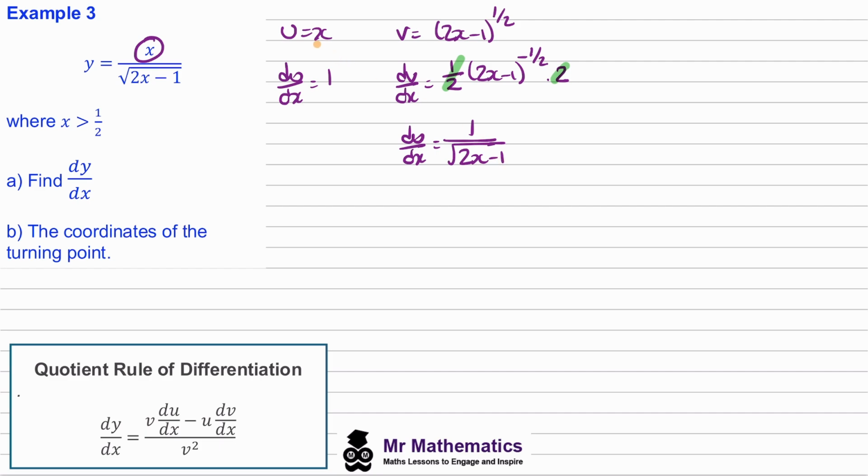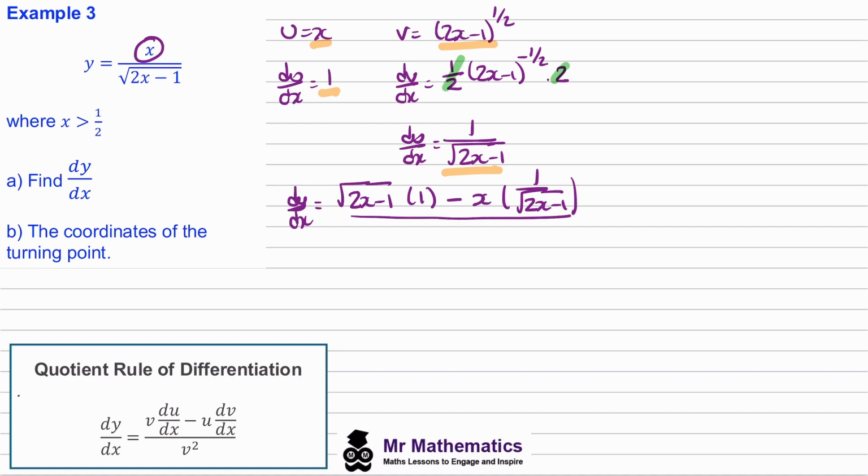Now we'll substitute the u term, the v term, du and dv terms into the quotient rule. So dy by dx will be v. I'm going to write this as the root of 2x minus 1 times du, which is the 1, minus u times dv, which is 1 over root 2x minus 1, over v squared.